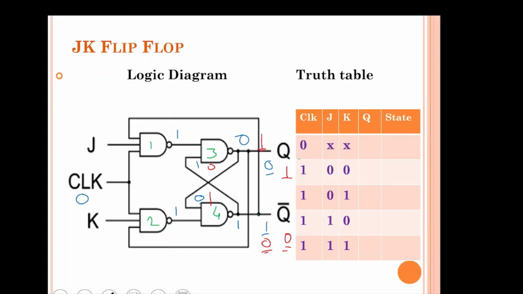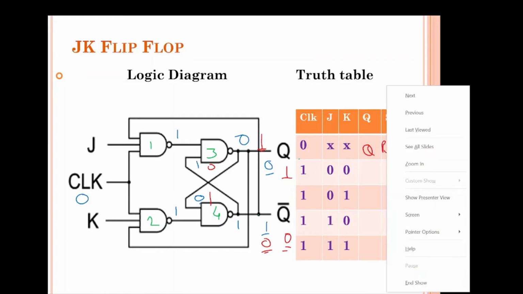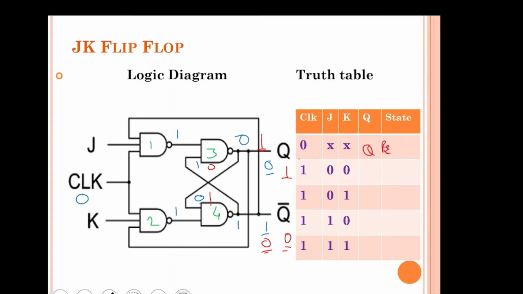It means that if the clock is 0, then whatever may be the value of J and K, the output will remain in the same state. As it is in the same state, it will be Q only. It is called the previous state. Here we have to write it is the previous state.